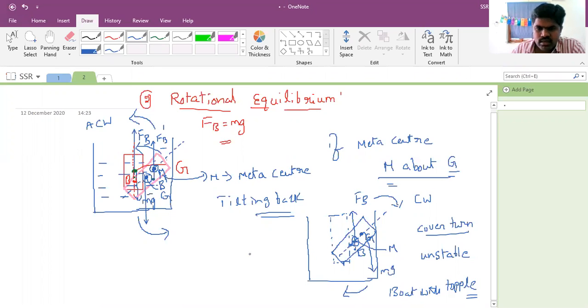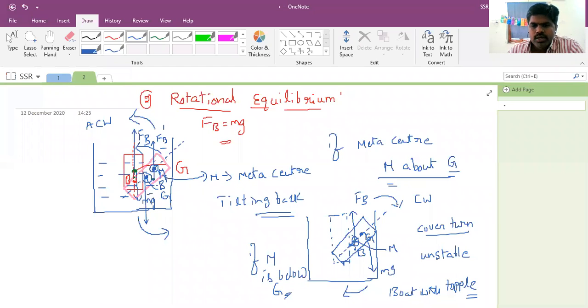Next case, if the metacenter M is below the center of gravity G, then it will topple or capsize. It is the unstable rotational equilibrium.